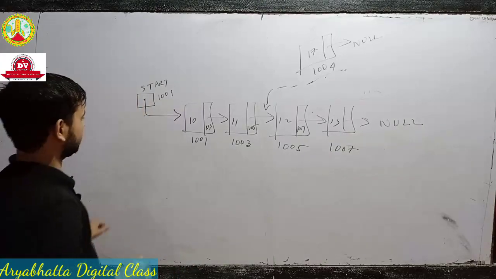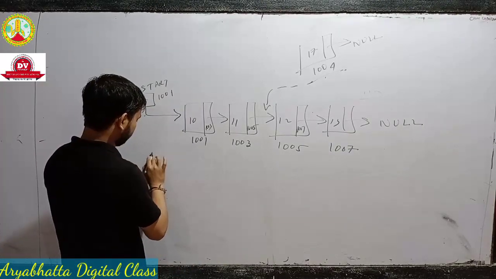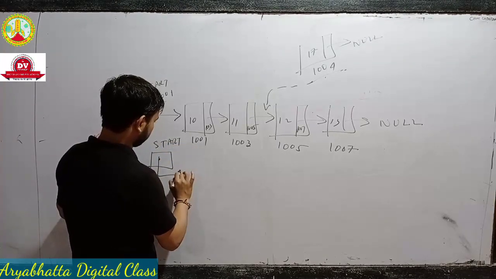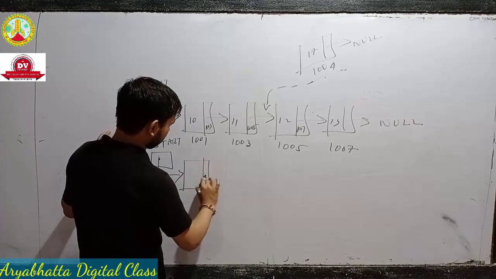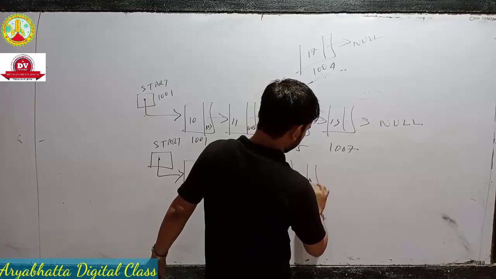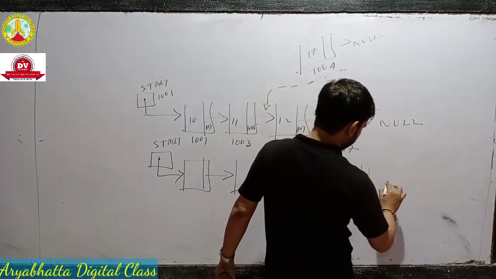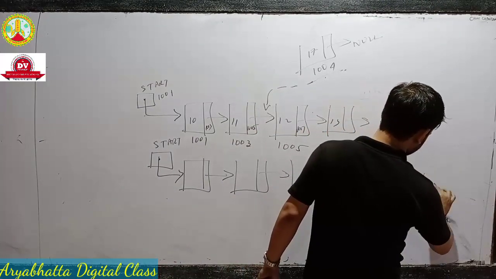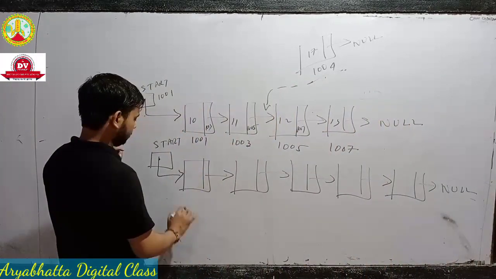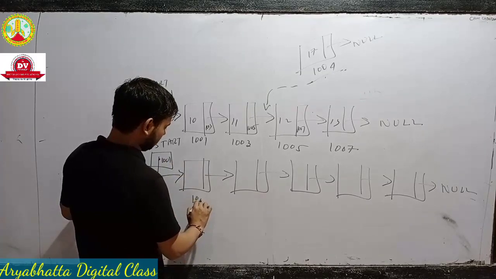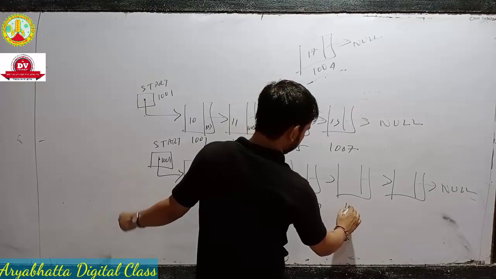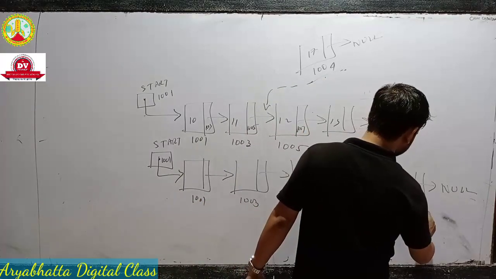Then what will happen? Now your node list will be: start contains 1001, 1003, this new node is coming, 1005 and 1007.